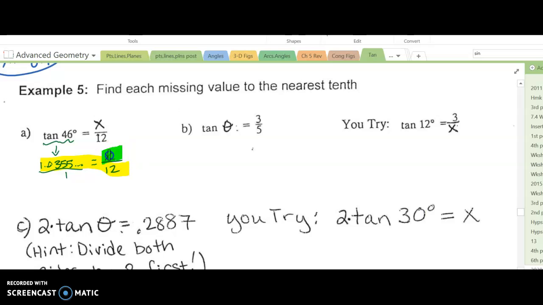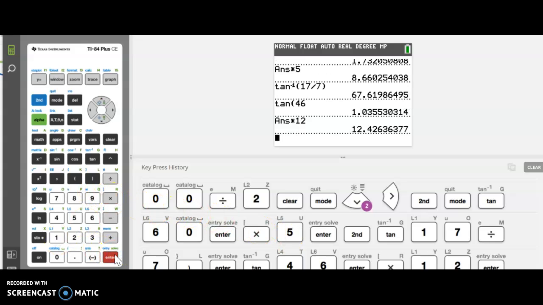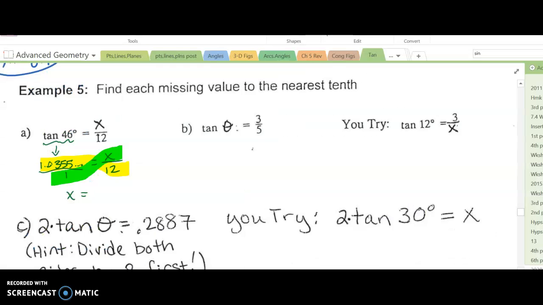And so then cross multiply, x times 1 is x, and then 12 times 1.0355. I can just say calculator times 12, and it says 12.4 to the nearest tenth because we're going to the nearest tenth.